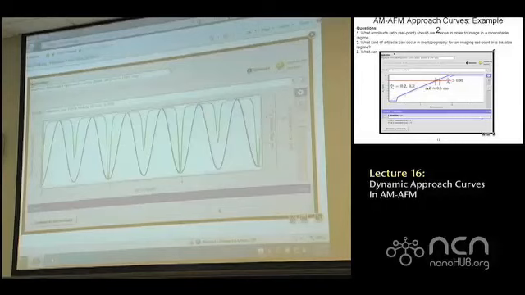And actually, because it's a nonlinear system, it doesn't ensure that you get periodic oscillations, right? They might repeat every drive cycle, or they might repeat every other drive cycle. So this is what we call a period 2 oscillation, where every other drive cycle, the oscillation comes back to its original point.